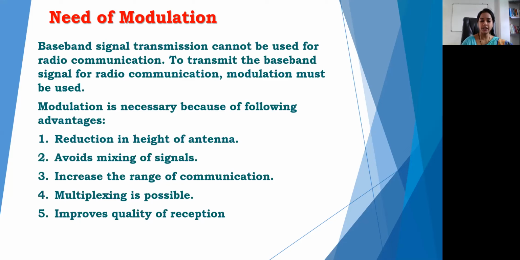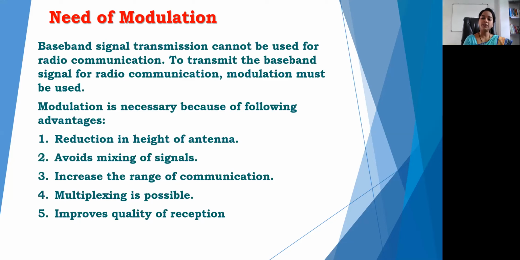Then multiplexing is possible, which we are also going to see in digital communication. When we study digital communication, we will study what multiplexing is. And the last advantage is that it improves the quality of reception.